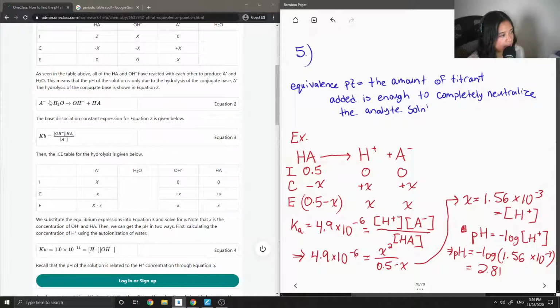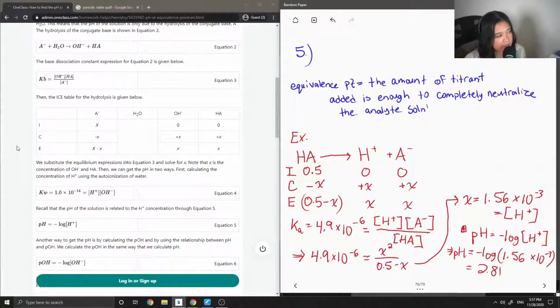So since this is our A- dissociating to OH-, instead of using a Ka expression, they use a Kb expression, which is equal to the concentration of OH- times the concentration of HA divided by the concentration of A-.